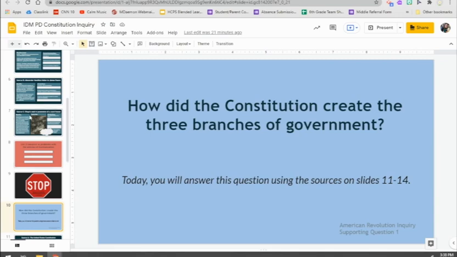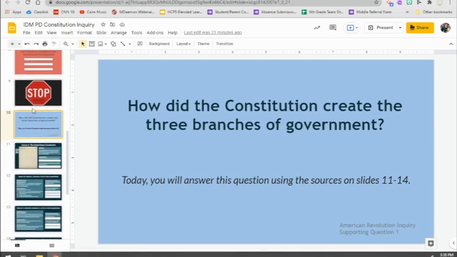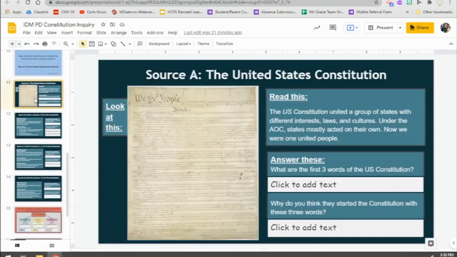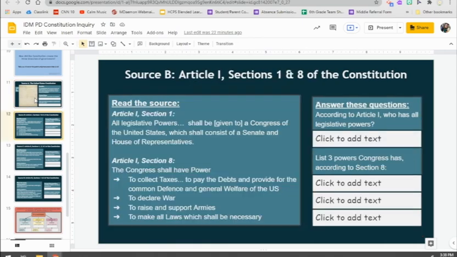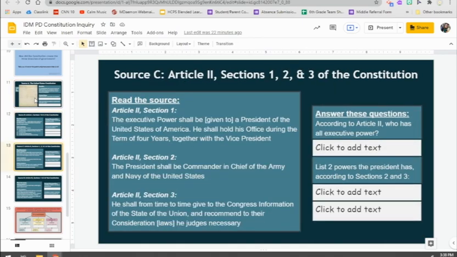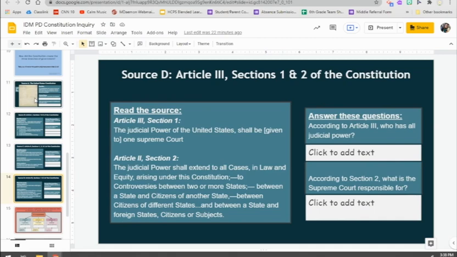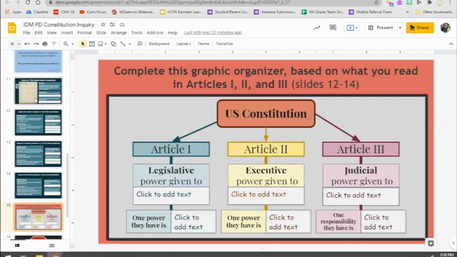How did the Constitution create the three branches of government? And then they're using our sources on slides 11 through 14, that image of the Constitution where they're looking at the first three words of Article 1, Article 2, and Article 3 to get the gist of those branches of power, and then using those sources to complete the graphic organizer, which is the task for question 2.